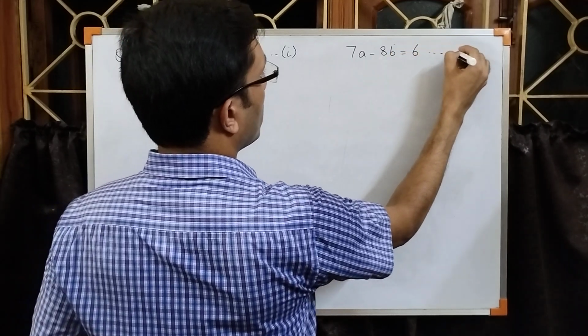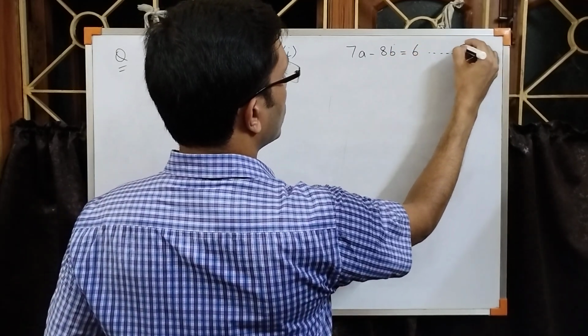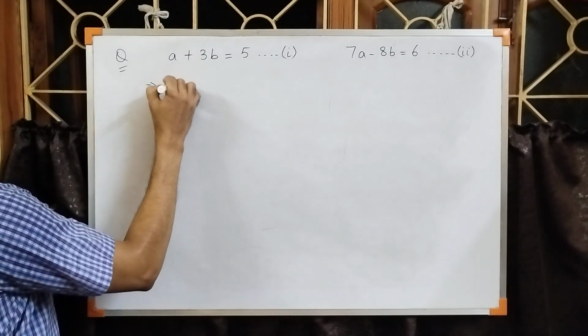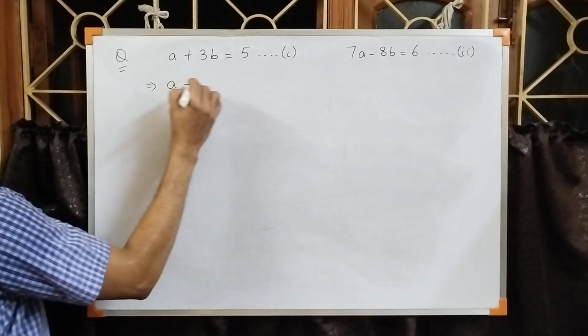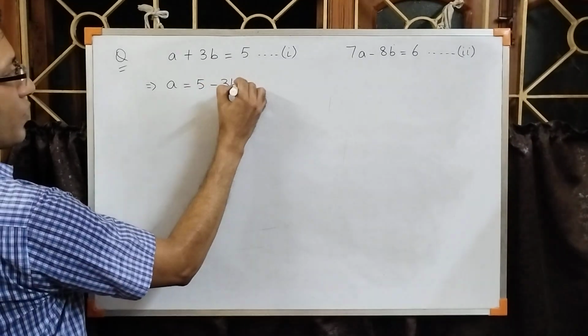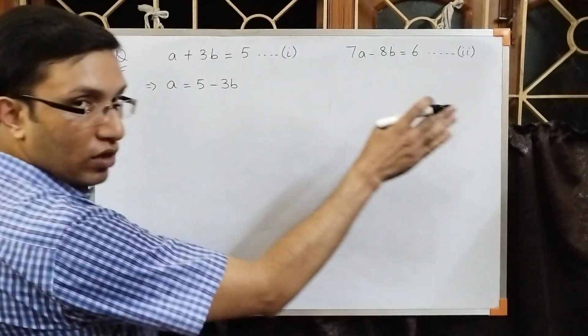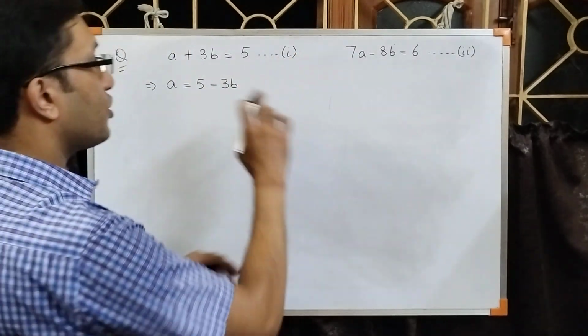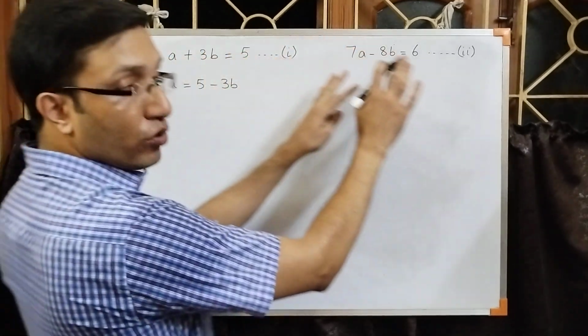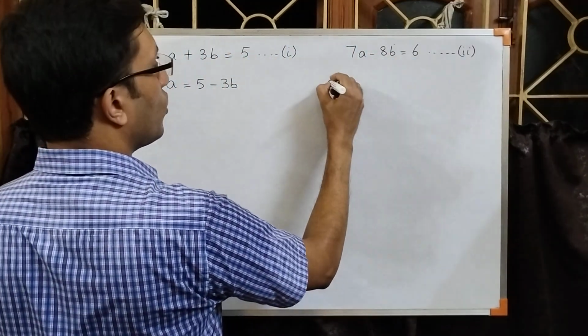This is equation number 2. So let's see. From equation number 1 we can write a is equal to 5 minus 3b, because when plus 3b is transposed to the right, the algebraic sign changes to negative. Now this value of a we are going to replace in equation number 2.